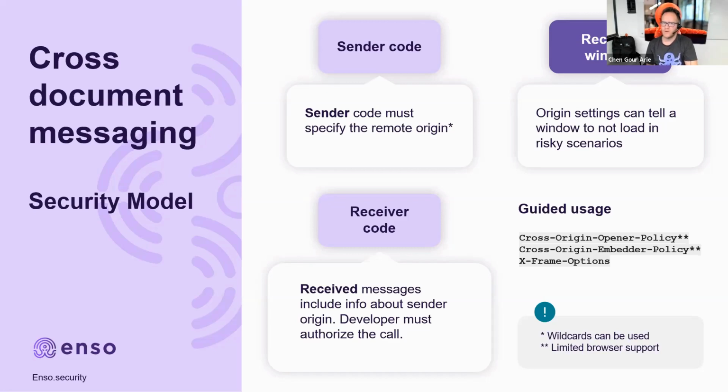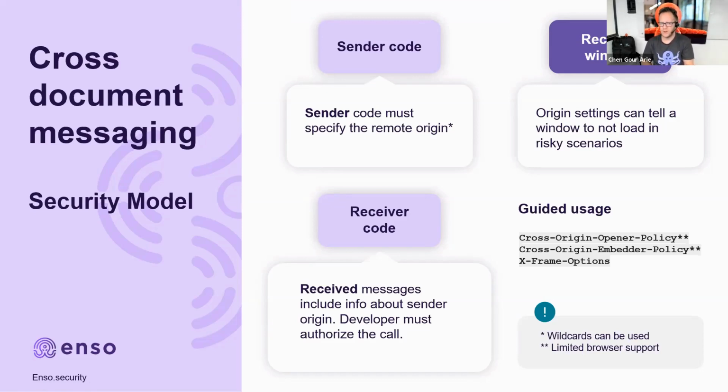You can, however, say, I want to be sending to whoever it is by using asterisk. On the receiver end, the browser will give you authoritative information about who sent this. So the browser will give you inside of the received message information that you can trust, that tells you this was sent from chen.com.